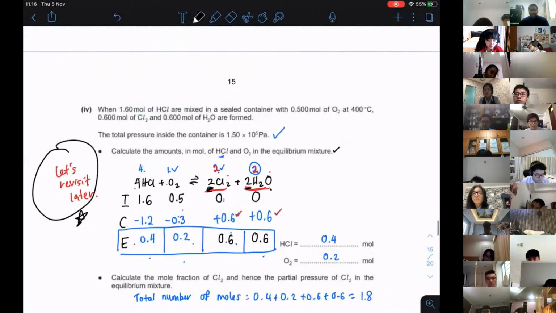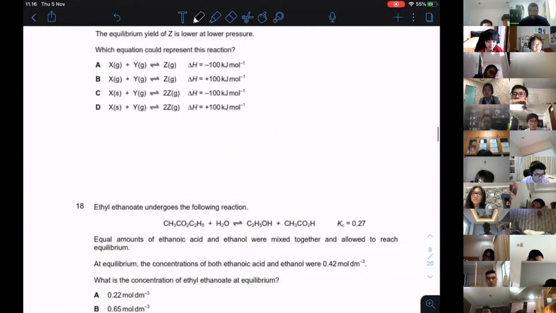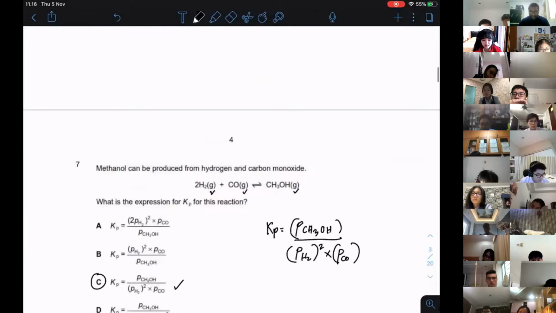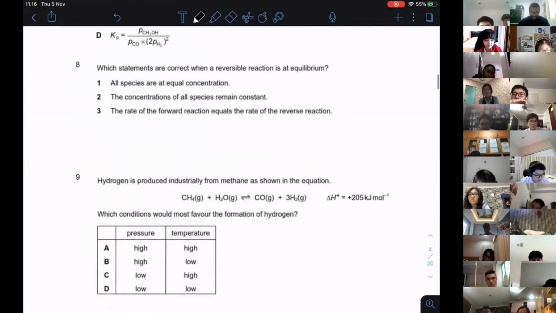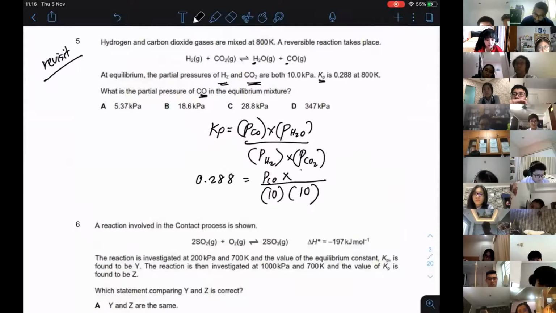Why? If you are not given that data, you know that it's supposed to be the same. You know that this PH2O is the same as PCO. This value and this value, they are the same.